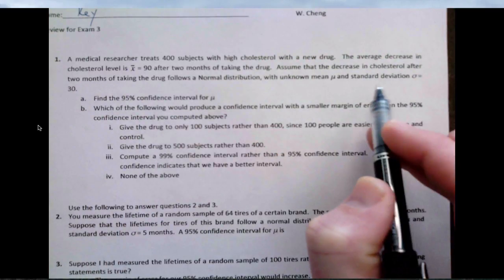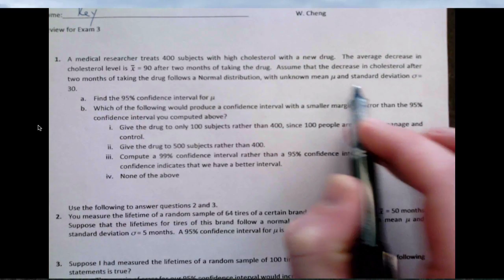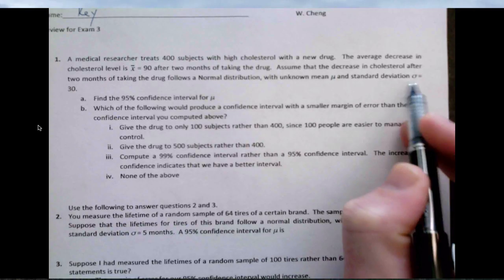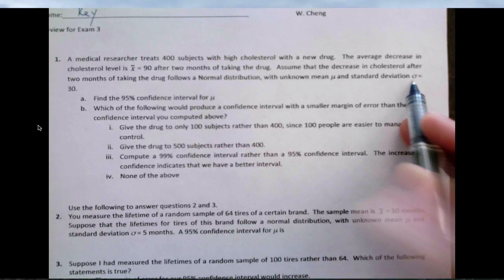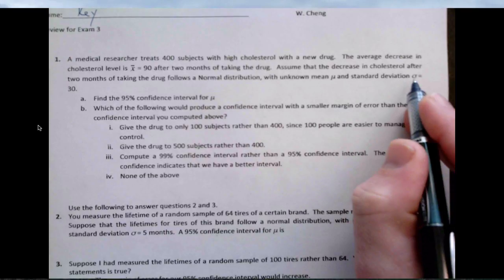Since we said unknown mean, the standard deviation is known, we can use a z-curve. So I'm going to do a z-test on mean.